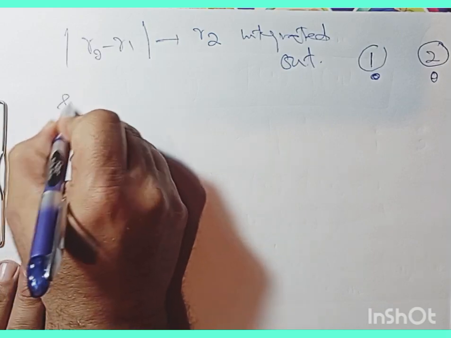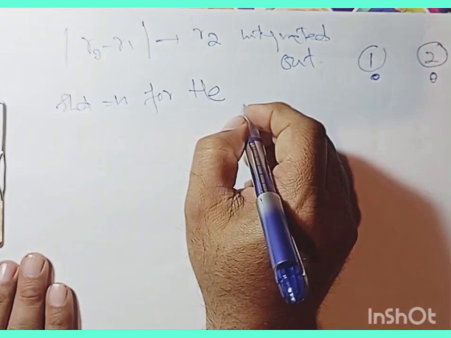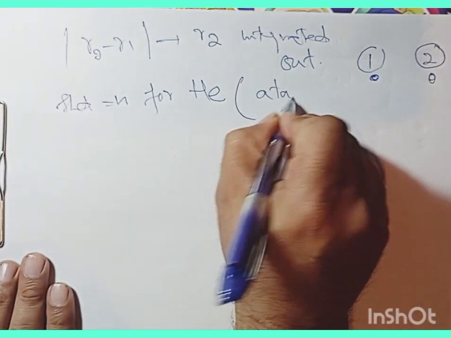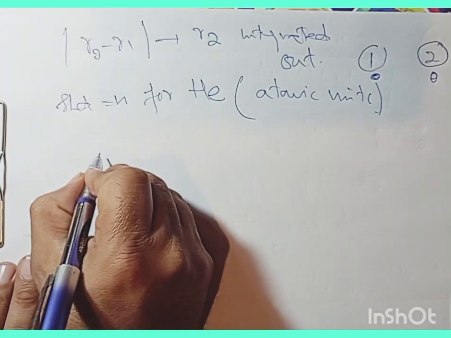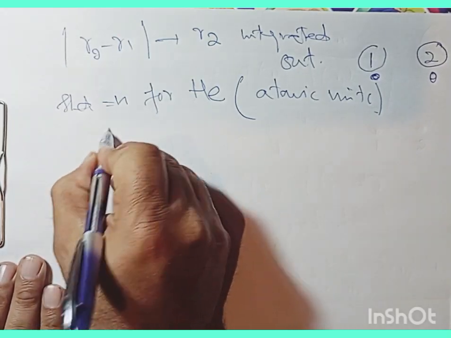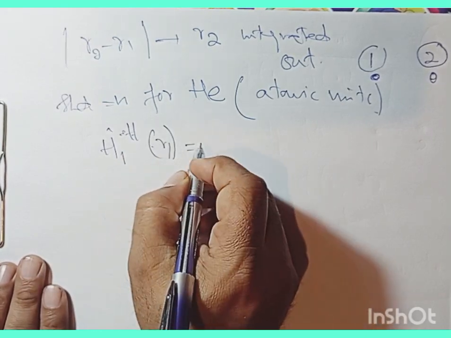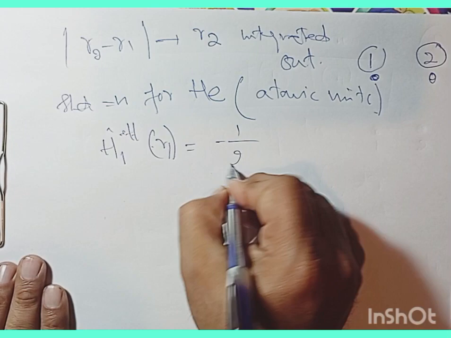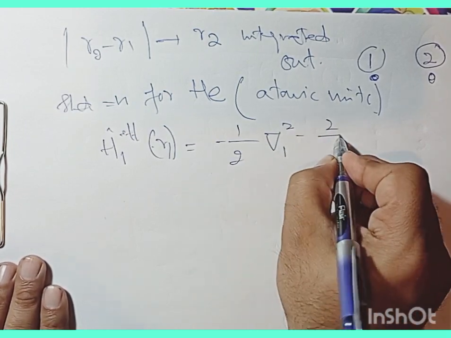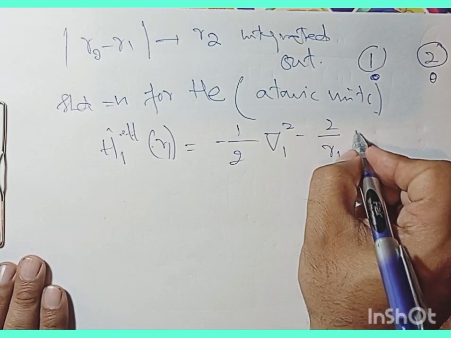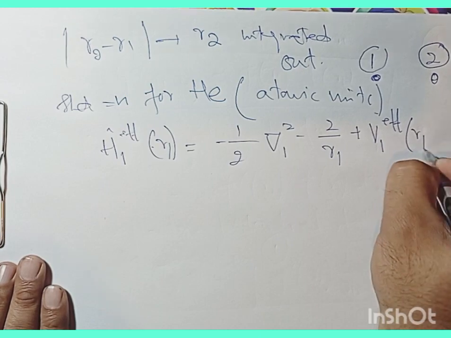So we can write down the Schrödinger equation for helium in atomic units. I can write this H1 effective R1, the Hamiltonian for electron 1. That will be minus 1 by 2 del square 1, minus 2 by R1, plus V1 effective R1.